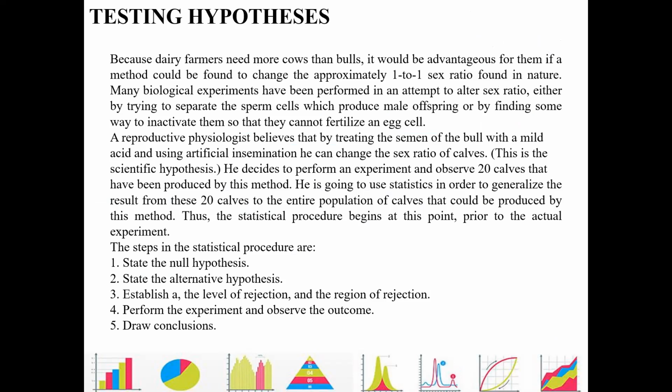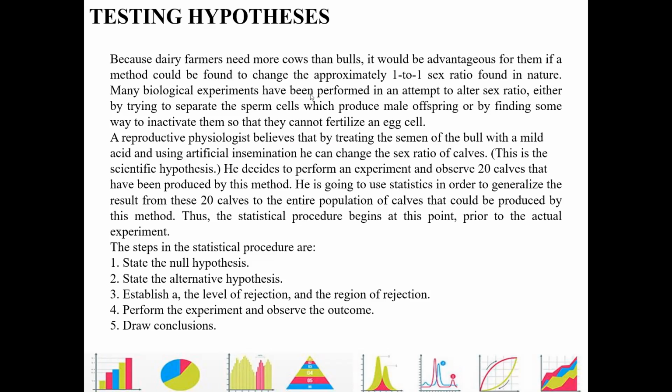Because dairy farmer needs more cow than bull, it would be advantageous for them if a method could be found to change the approximately 1-to-1 sex ratio found in nature. So, many biological experiments have been performed in an attempt to alter the ratio kasi mas priority nila ang cow kaysa sa bull, either by trying to separate the sperm cells which produce male offspring or by finding some way to inactivate them so that they cannot fertilize an egg cell.